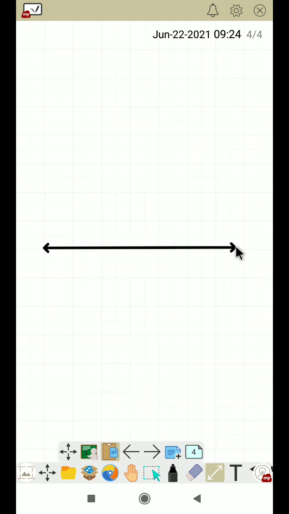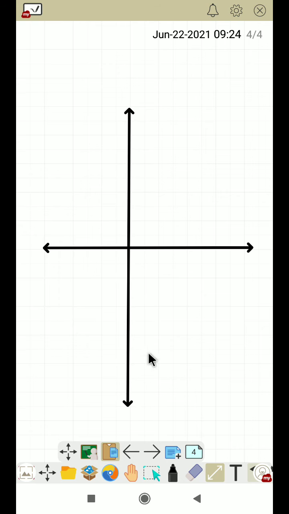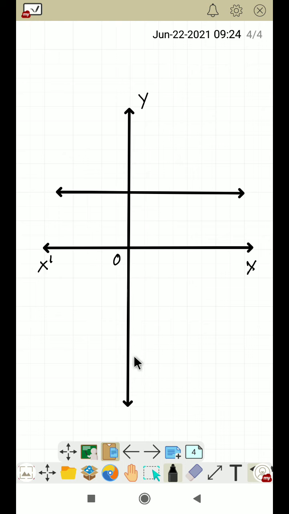Suppose this is the x-axis, this is the y-axis, and this line is parallel to the x-axis.